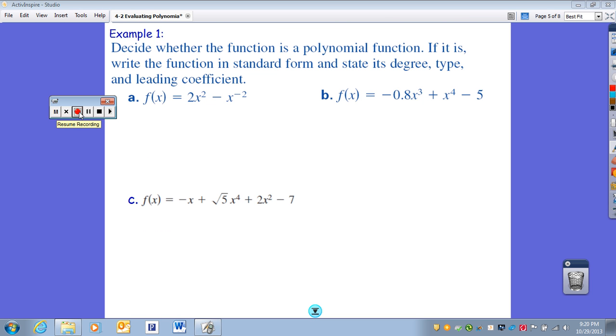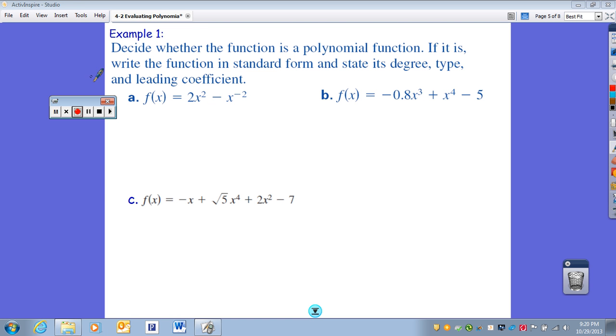Let's take a look at some polynomials and decide, first of all, if they are a polynomial function. Then if they are, we're going to write them in standard form. We're going to state the degree, and from the degree what type of polynomial it is, and then the leading coefficient. So let's take a look at letter A. We have 2x squared minus x to the negative 2 power.